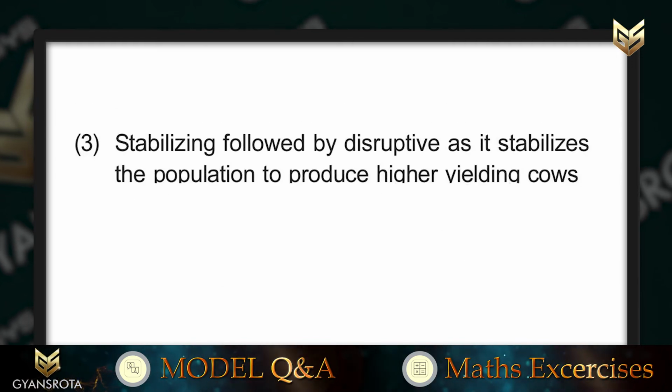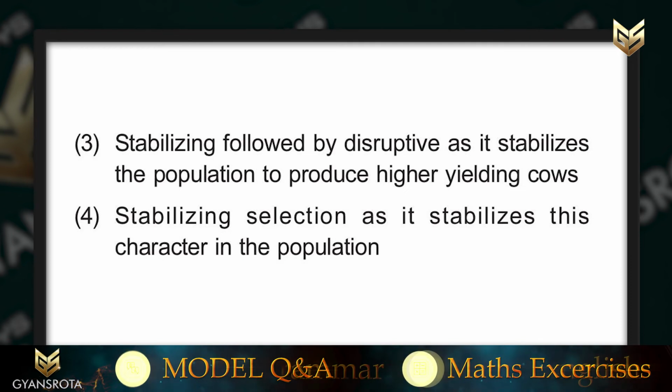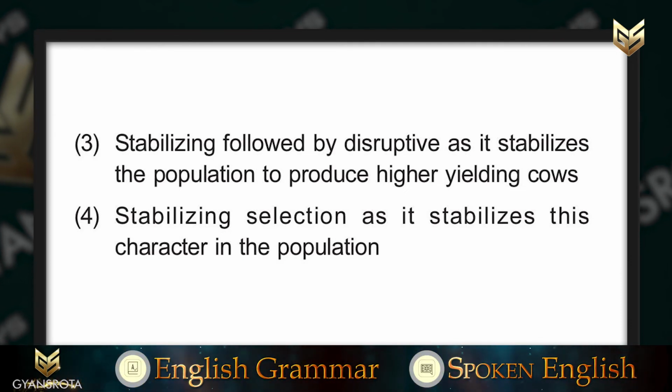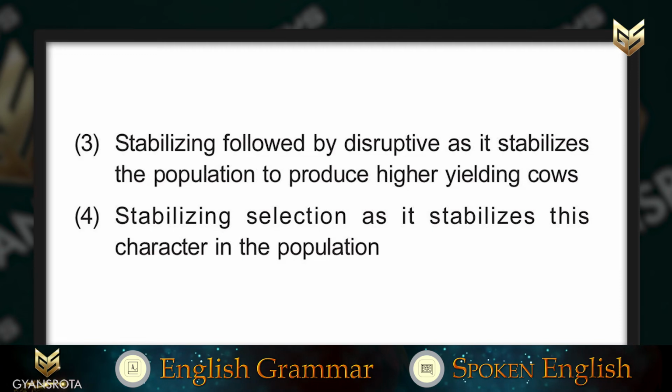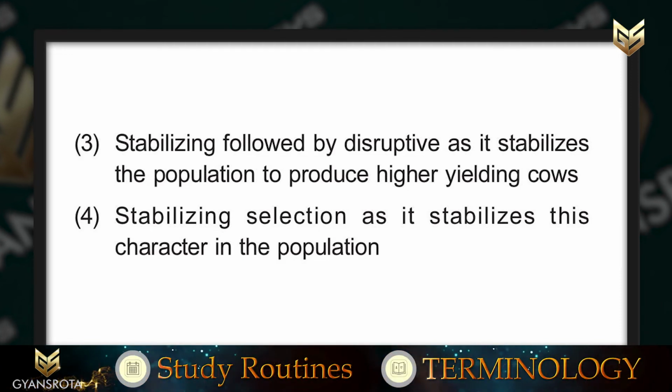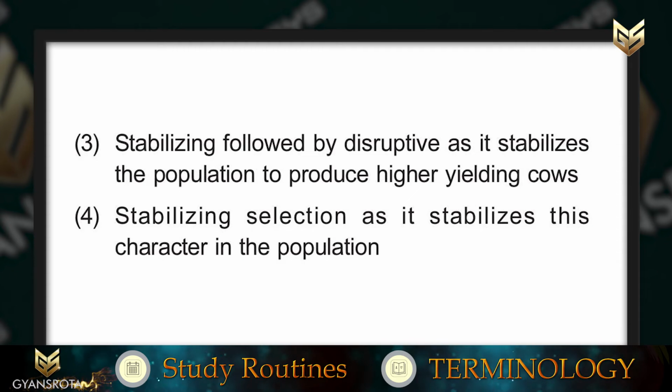The third option is stabilizing, followed by disruptive, as it stabilizes the population to produce higher yielding cows. And the fourth option is stabilizing selection, as it stabilizes this character in the populations.